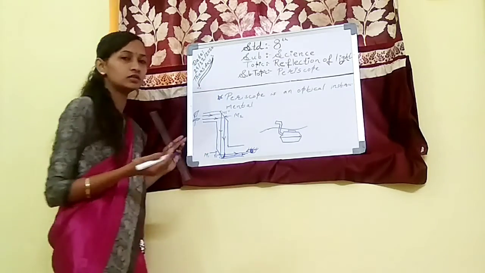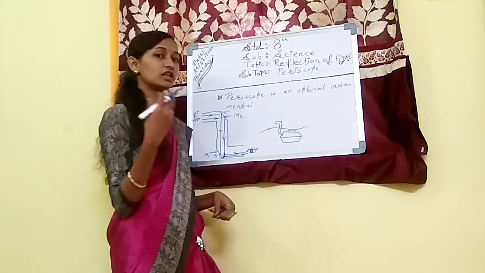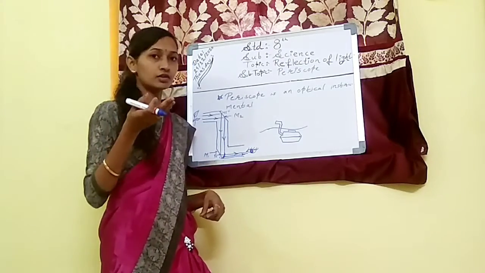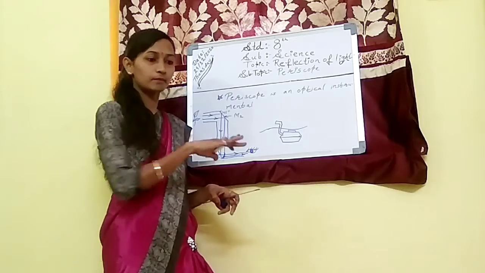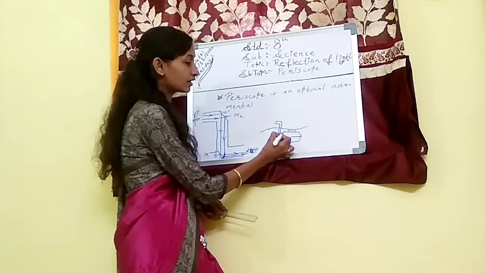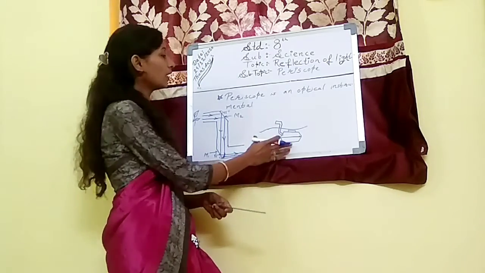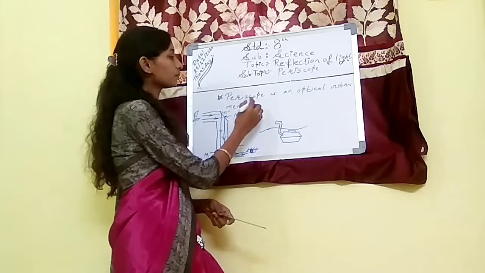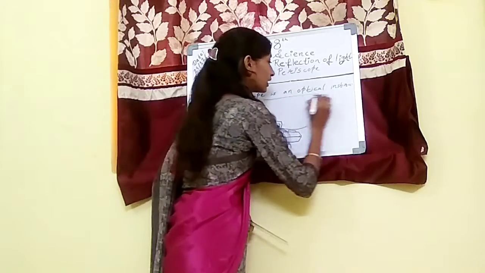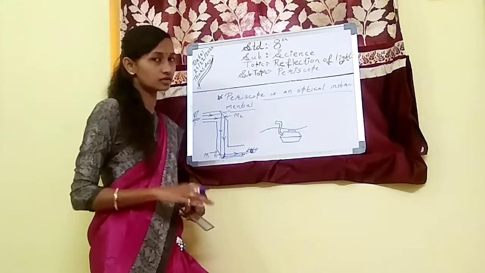Similarly, this periscope is also used by soldiers to see what is above the ground surface when they are below the ground surface, below the earth. So these are the applications: submariners and soldiers use this periscope for observing what is above the surface.